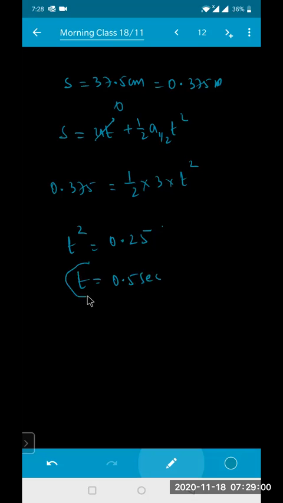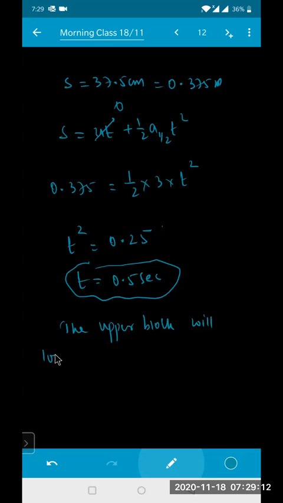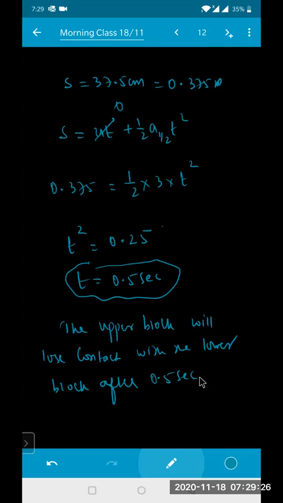So the time taken for this will be 0.5 seconds. So I can say that the upper block will lose contact with the lower block after 0.5 seconds.